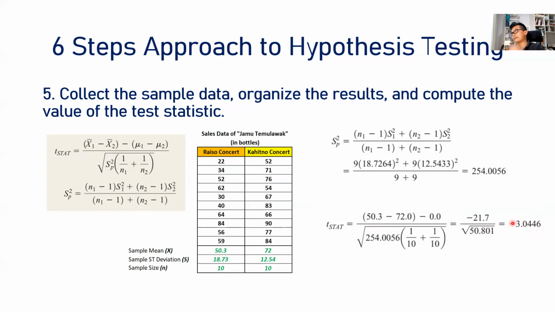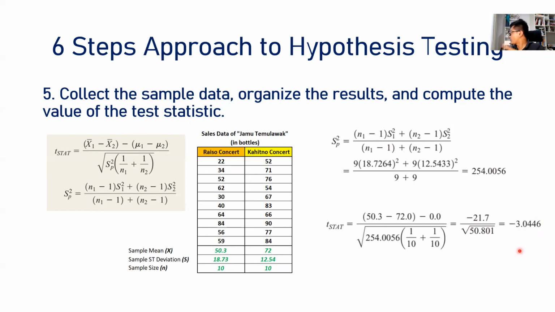And then here is the t-test value. So the output from step number 5 is minus 3.0446. So the value of the test statistic equals minus 3.04.